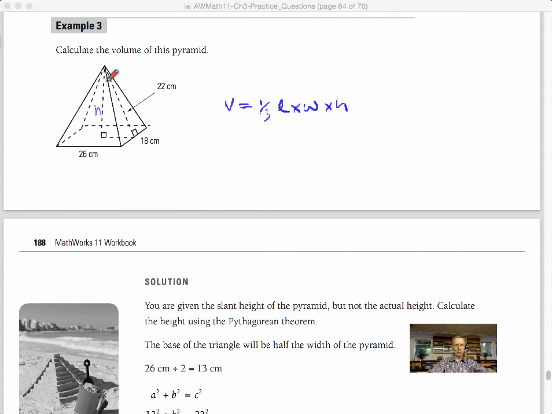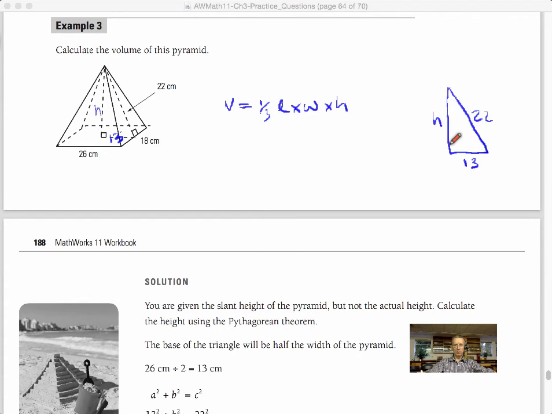This is a right triangle, and this length here is half the total length across from side to side, so it's half of 26. So this here is really 13 units right here. So we have a height and the base of this triangle. Height we need to calculate. This is 13. They tell us this is 22. What's the calculation?